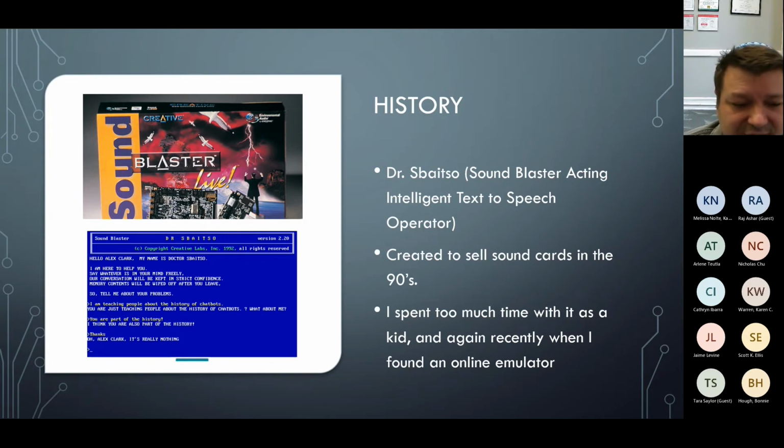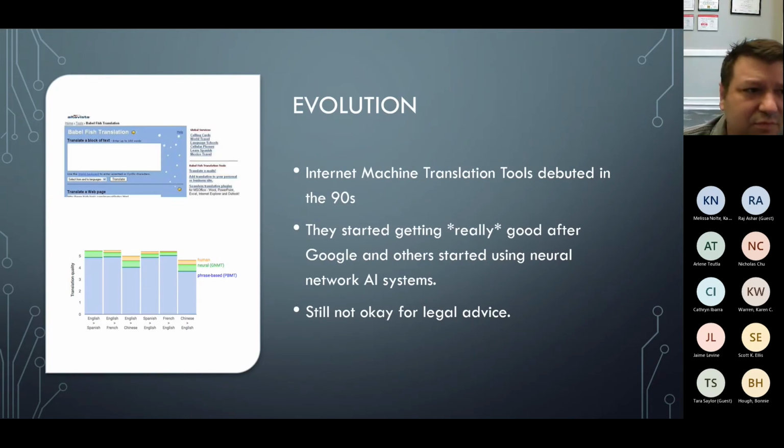I spent hours talking to this thing as a kid, trying to figure out how it worked and all the things it could say. And this screenshot here is from one of those emulators, again in preparation for this webinar, so you get a sense of how it would attempt to converse with people.